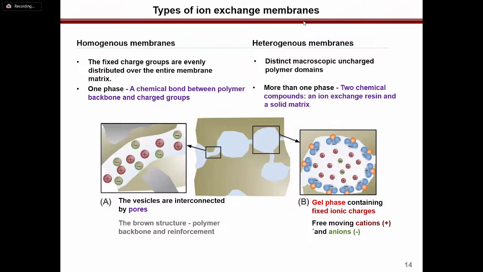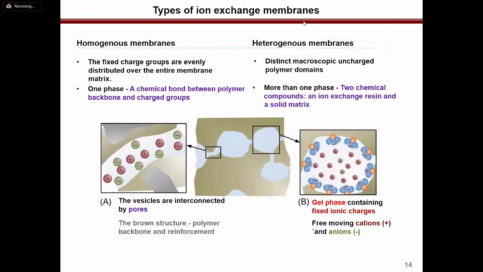But there are different theories, and the most accepted one is that in the membrane we have a gel phase, and then we have fixed charge groups. That gel phase contains the fixed charge groups, and there are also channels inside where the ions freely move. So there is a gel-like structure where the fixed charge groups are, and there are also channels between the polymer backbones where the ions are transported along with the water.